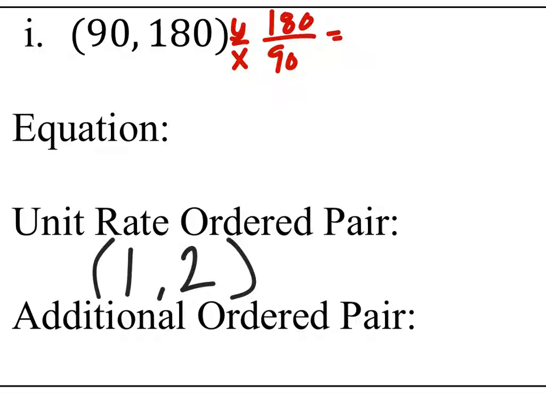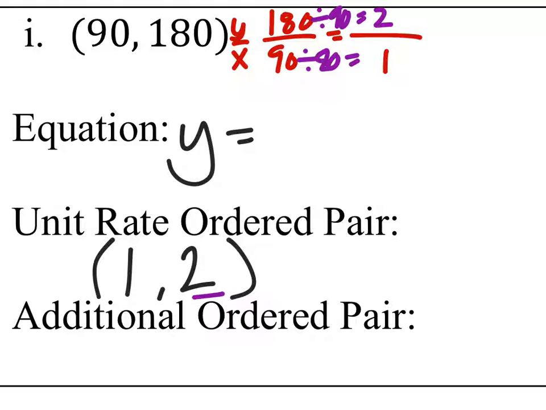And up in the count, we don't know the y value, but we see the x is 1. So 90 divided by 90 is 1. So 180 divided by 90 is 2. So that's where we get this 2, which means in the equation we got y equals 2 times the x.